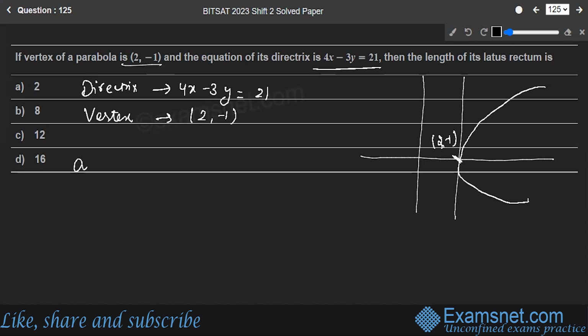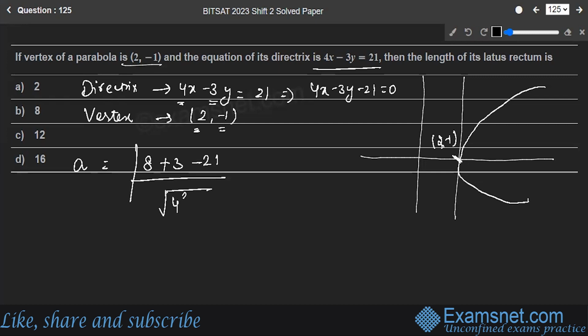So now A will be given by 4 into 2, that is 8, minus 3 into minus 1, that is plus 3, and taking the 11 on this side, 4x minus 3y minus 11 is equal to 0. So here it will be the modulus of 8 plus 3 minus 11 divided by root of 4 square plus 3 square. This is equal to 11 minus 10. Sorry, this is 10.